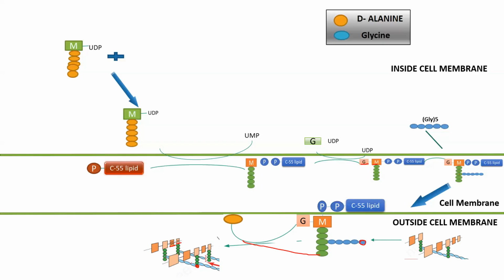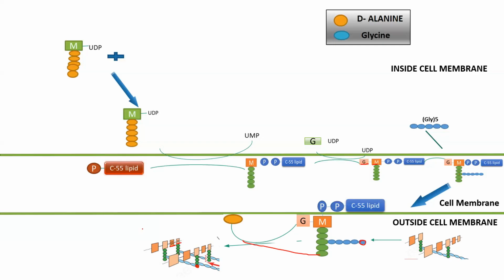The fifth peptide of glycine gets attached with the fourth of alanine, and by this covalent bonding occurs, and here a transpeptidase enzyme acts, which helps in the binding. So this is how our bacterial cell wall is formed.